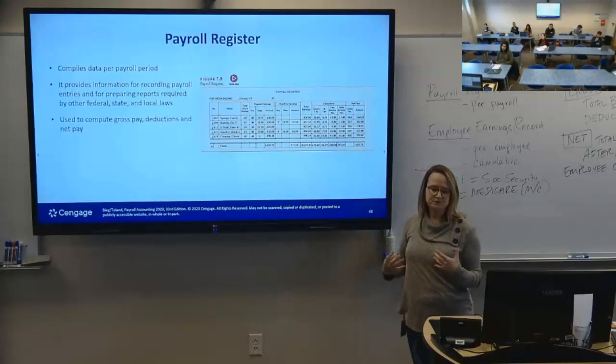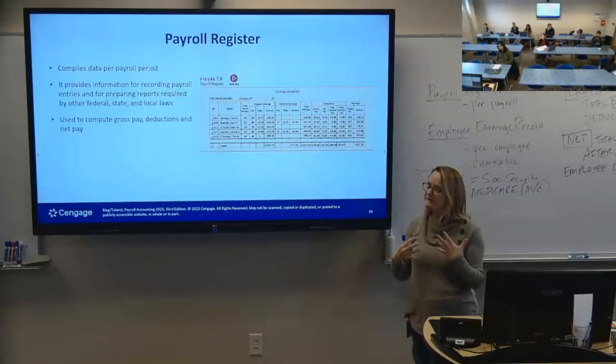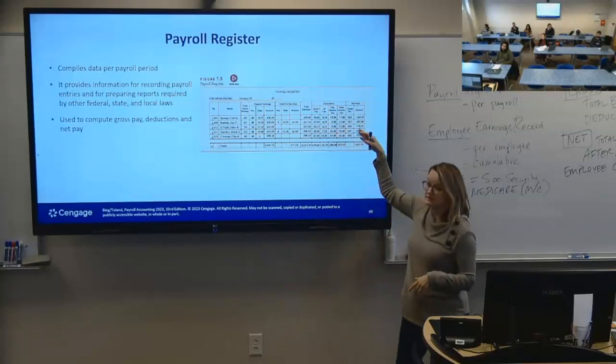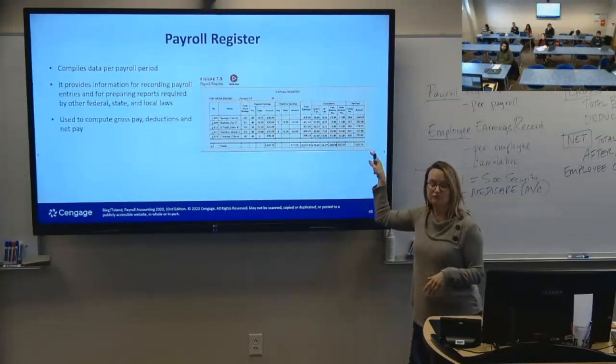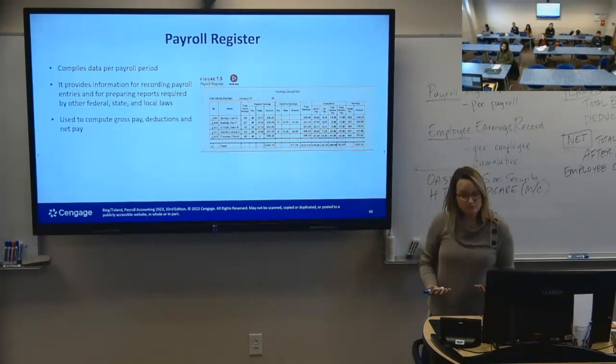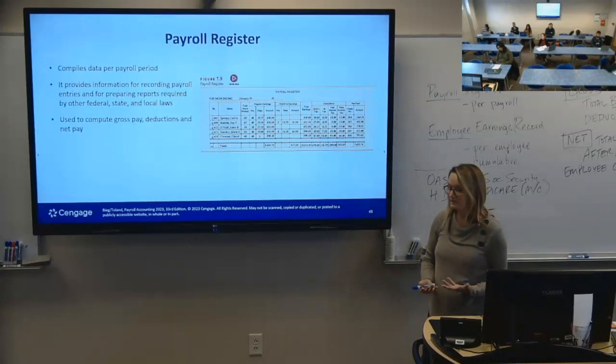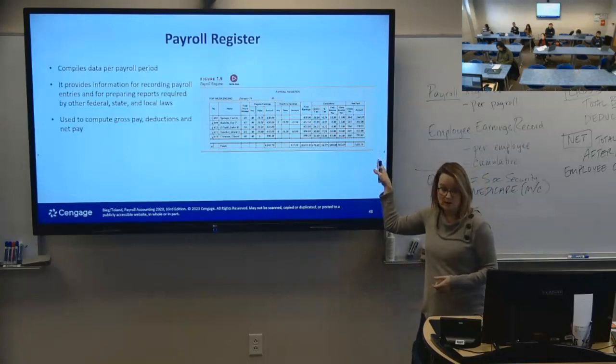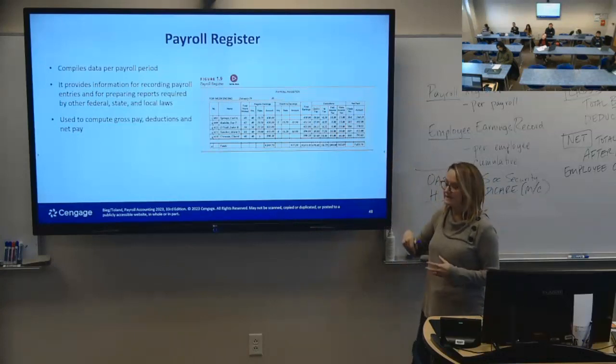The titles are specific to the payroll department and what makes sense to them. But yes, there would be another column for that deduction. Other garnishments, like if there's child support being taken out of somebody's paycheck, would have their own column as well to show how much has been taken out.